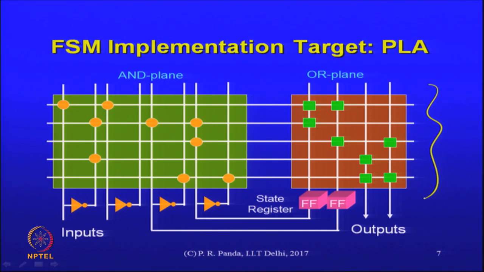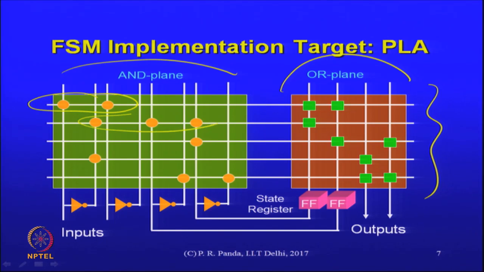So, it could be this kind of a target. As you know, there would be an AND plane and there would be an OR plane. In that AND plane, you would be generating, what are these? These are the inputs to my system. These are the outputs. It is combinational logic that that PLA actually ultimately implements.